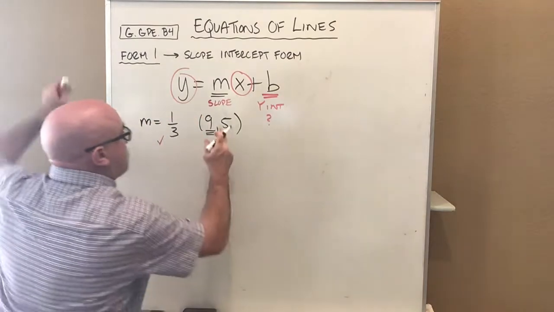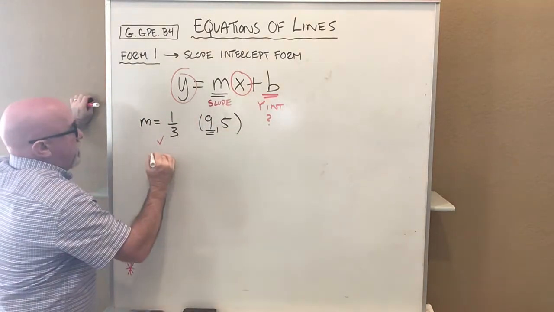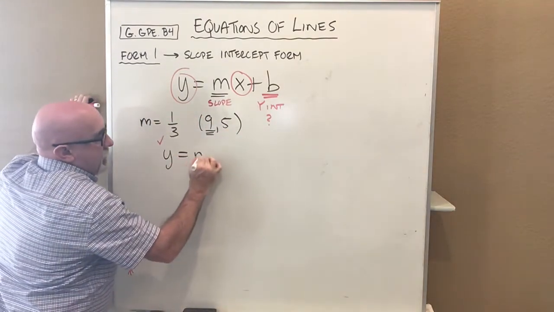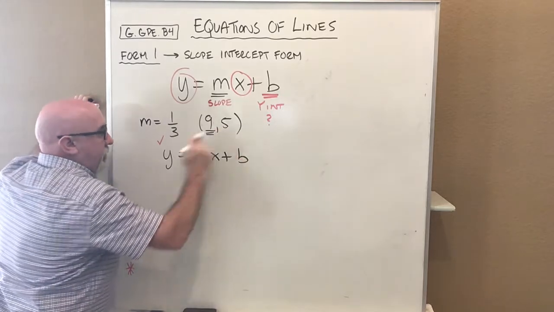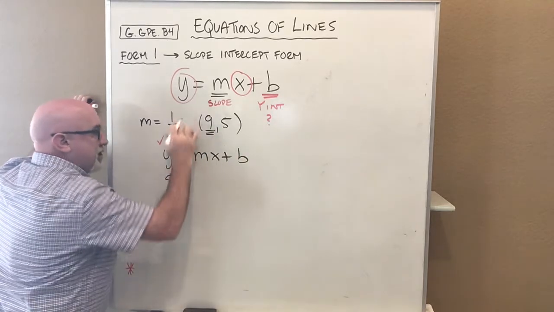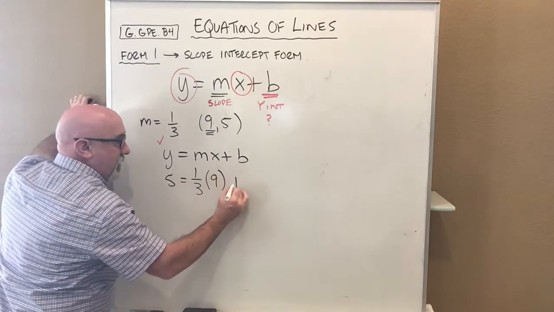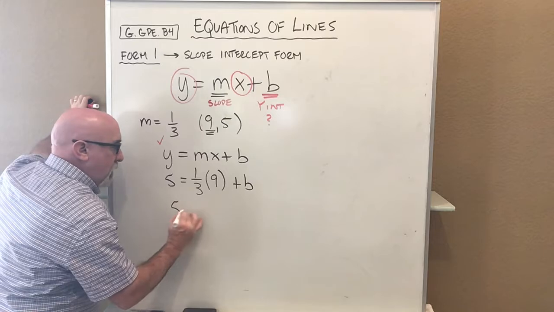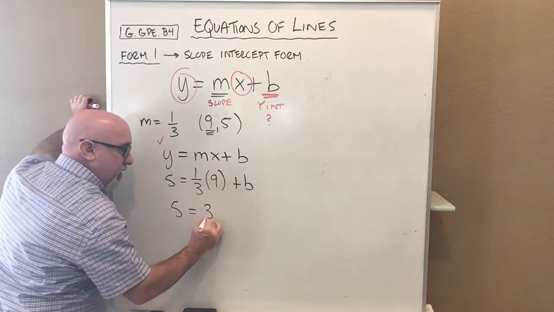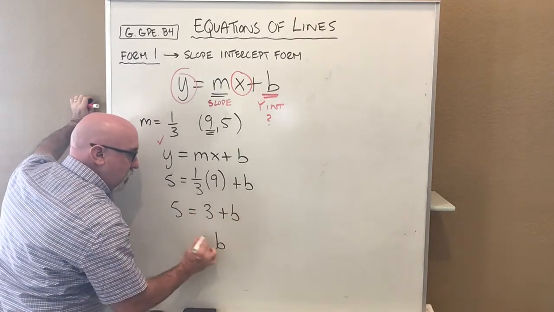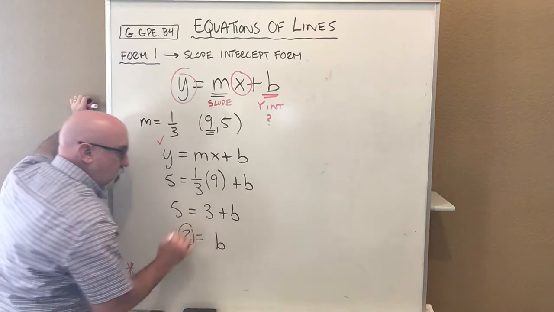Let's do it. Let me write it out like this so you can see what I'm doing. 5 goes here. Slope is 1/3. X is 9, and here is our b. So 1/3 of 9 is 3. And then I move the 3 over and I get a 2.